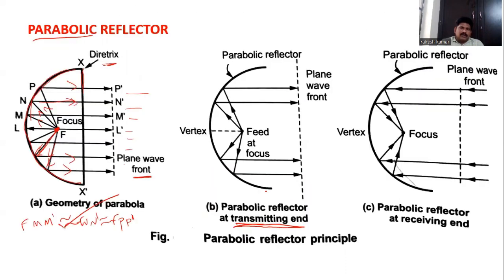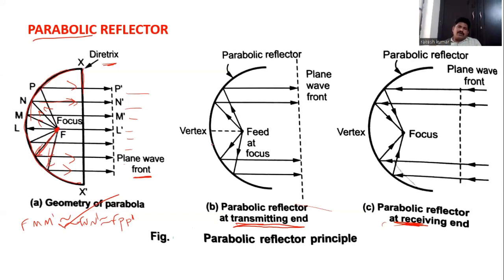What is the best example of a receiving antenna? The DTH antenna on our house top, used to get the signals.